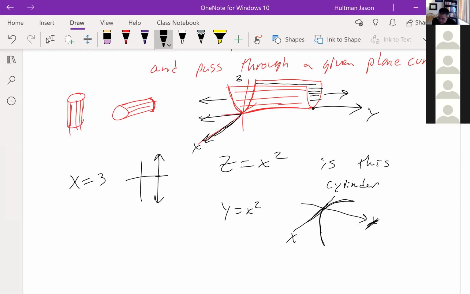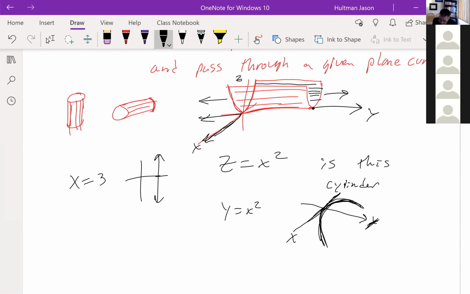Does that make sense? Probably not like that, probably a little bit better than that. But does that make sense that that would look like that in the xy plane? If we're just looking top down onto this, that's the positive x direction, that's the positive y direction. That's a parabola, right? That's a parabola we know.